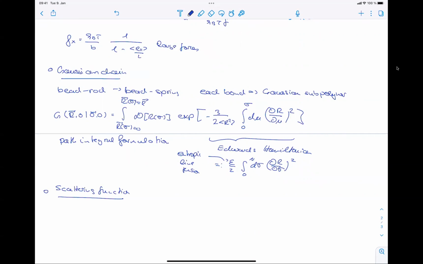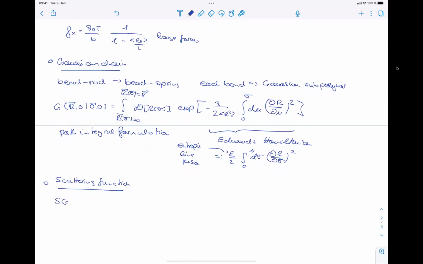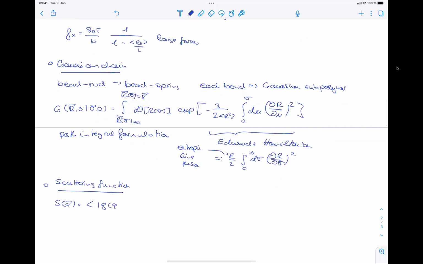Here we found that the scattering function, which is the Fourier component of the density in Fourier space, is given by the double sum of J minus I. And so today we will continue to quickly finish up on the scattering function, and then jump into semi-flexible polymers.